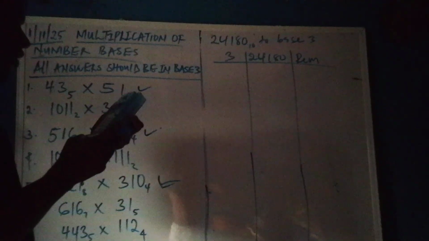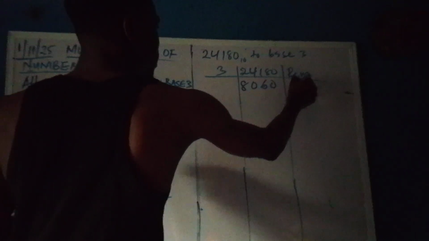So 24180 divided by 3 is going to give us 8060 remainder 0.